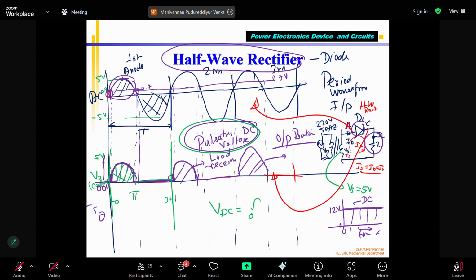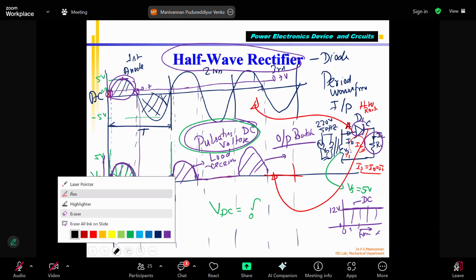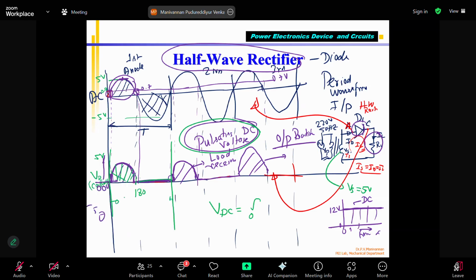This is pi by 2, this is pi. I want to use common terminology. 0, after that this is 180 degrees, that is nothing but pi, correct? So this is 360 degrees. From 180 it is the negative half cycle, 0 volts.